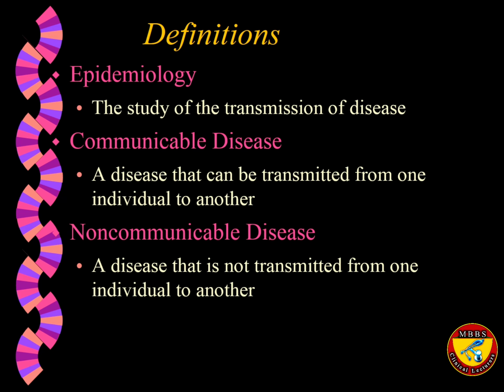For example, if somebody is hypertensive, it cannot be transmitted to a person sitting next to him; that person will not become hypertensive because it's a non-communicable disease. Or if somebody has a history of stroke, then the person sitting next to him will not become a patient of stroke. While if we are talking about an infectious disease, it can be communicable, transmitted from one individual to another.